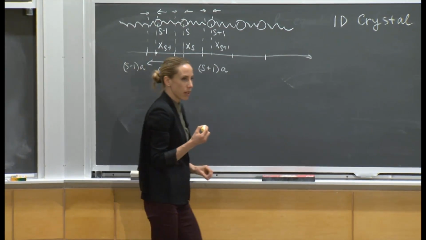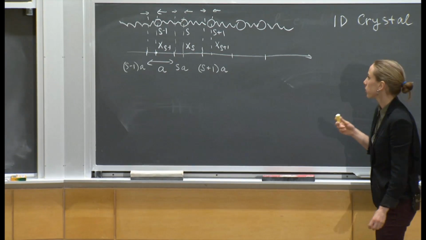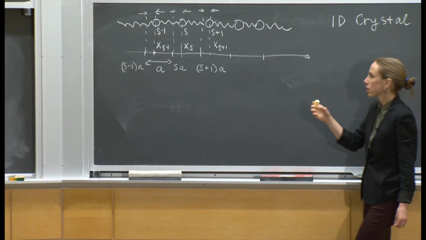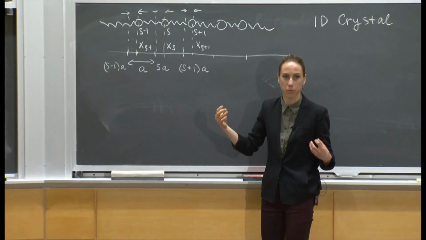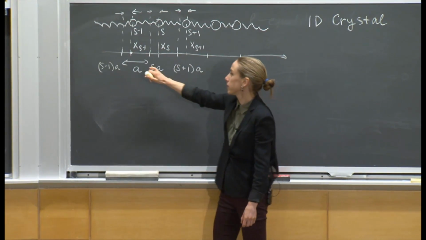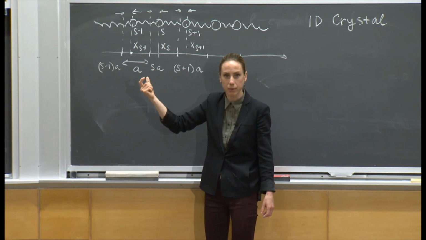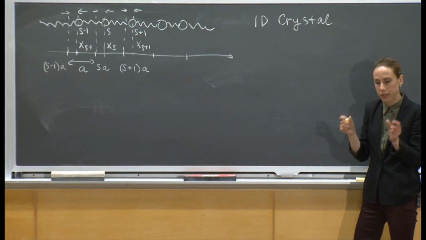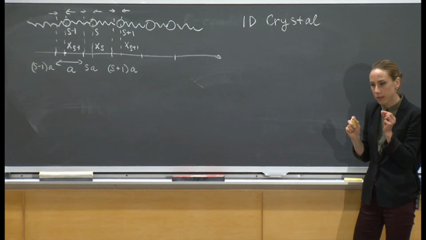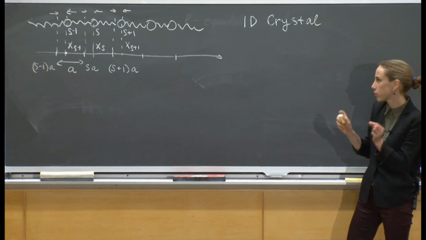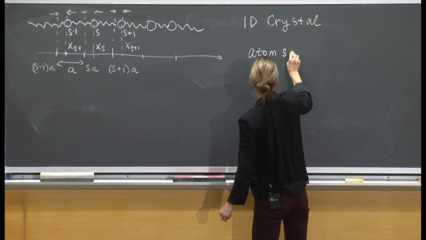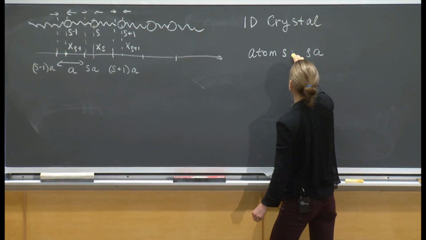And to make our life slightly less messy, I'm going to define one more variable, which is, well, actually infinity of variables. That will be the displacement of our atom from its equilibrium position. So the equilibrium position for an atom S will be position SA.